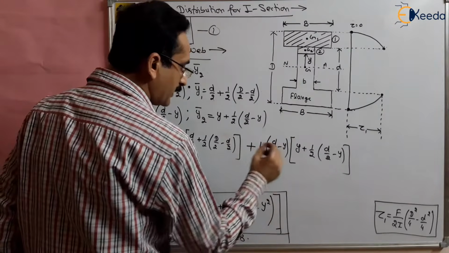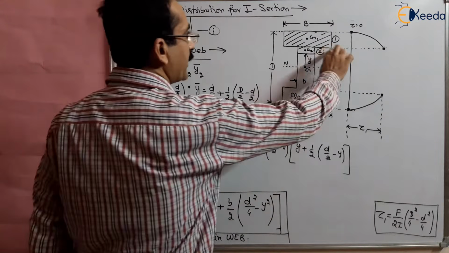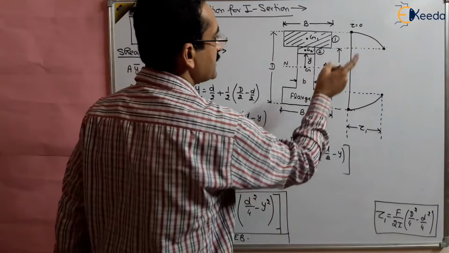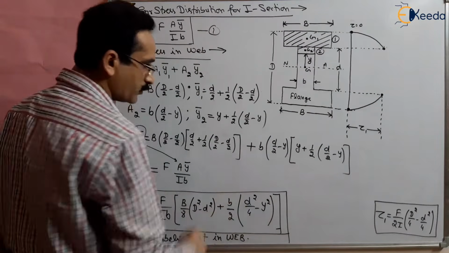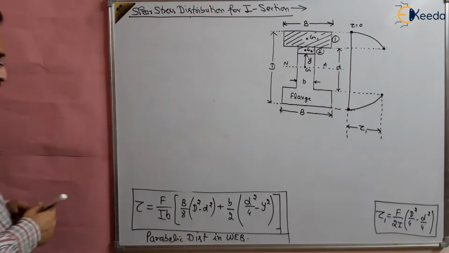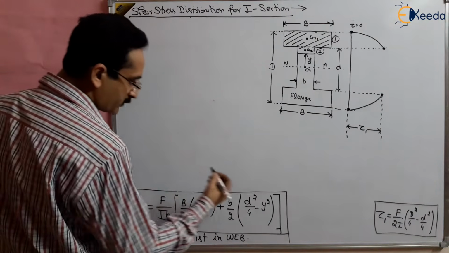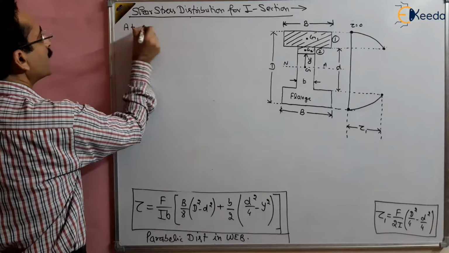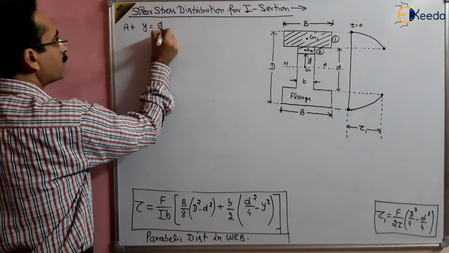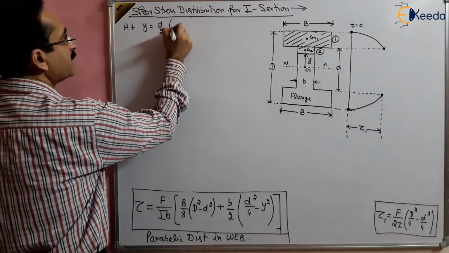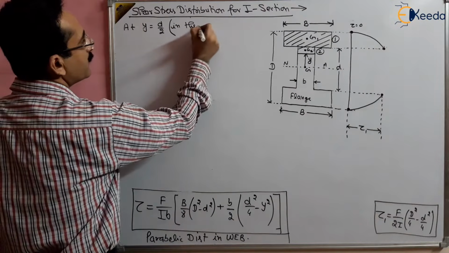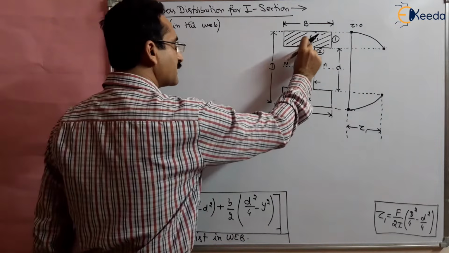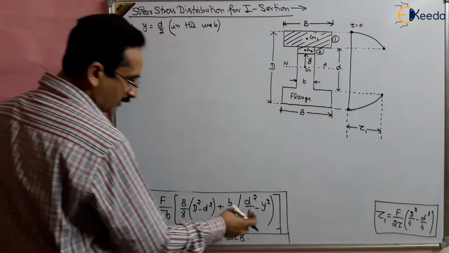So put y is equal to small d by 2 and you will get the shear stress at this point in the web, where flange and web meet. So the shear stress at y is equal to small d by 2, at the point just on the web side, so y will be d by 2.